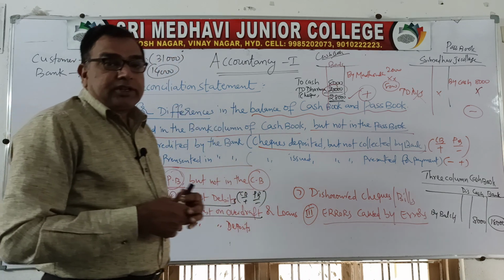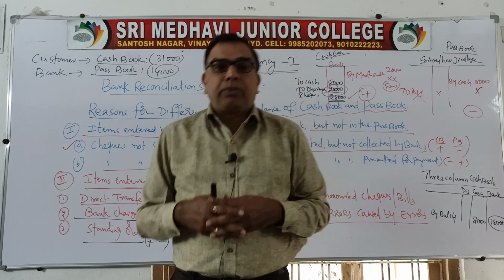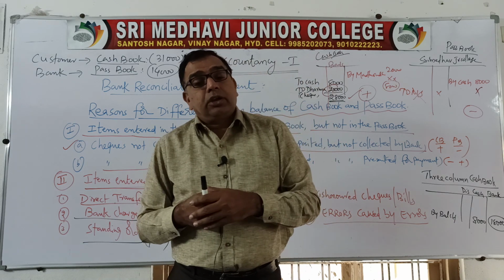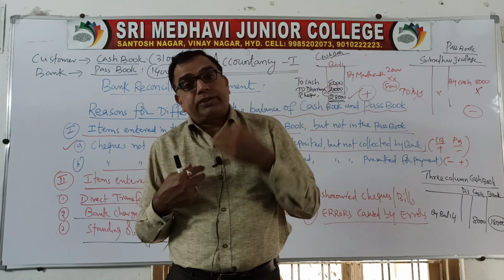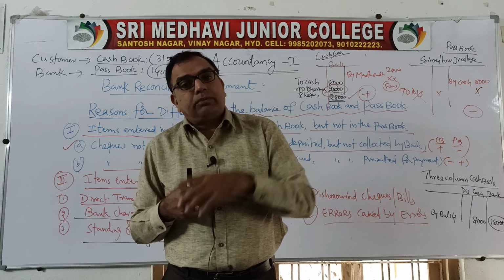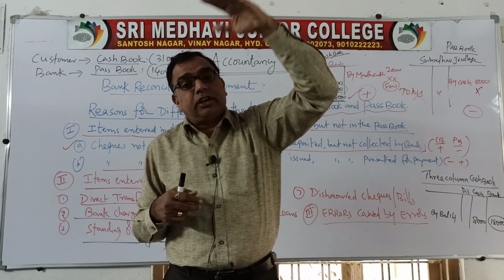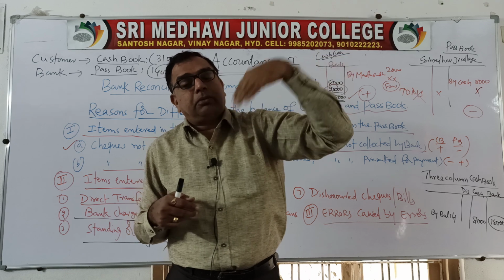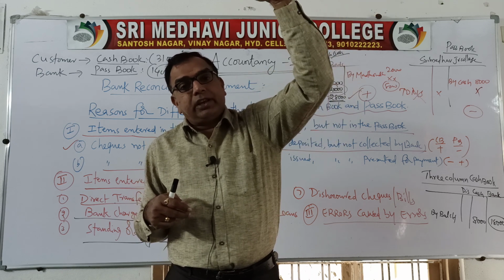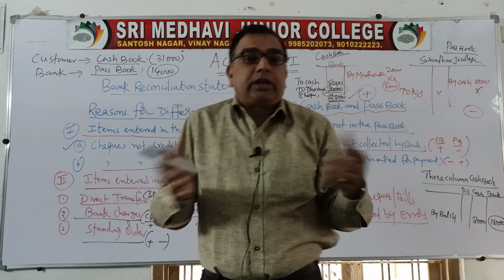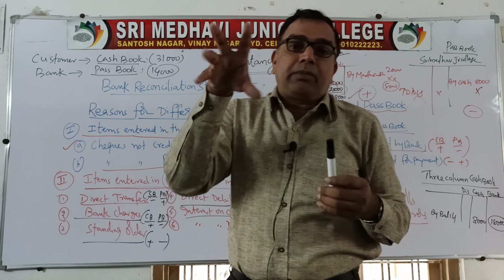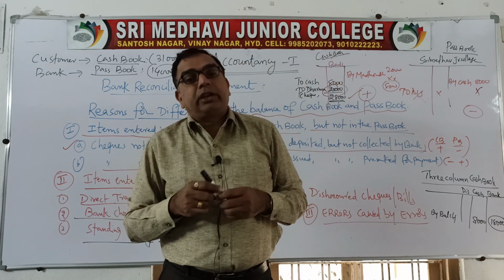Then interest on deposits. Whenever we deposit some money, the bank pays us interest. So interest on deposit is income to us, and whenever we receive income, our balance will increase. That will be credited in our passbook. Because we don't know how much interest was paid by the banker, we don't make an entry in the cash book.